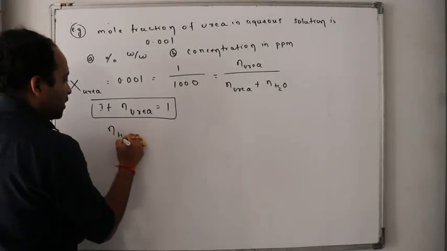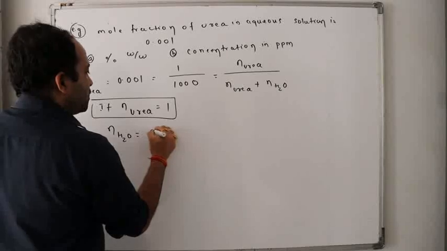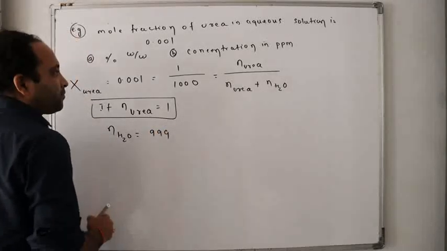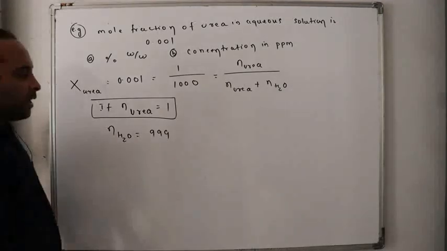Number of moles of water is 999. Isn't it?